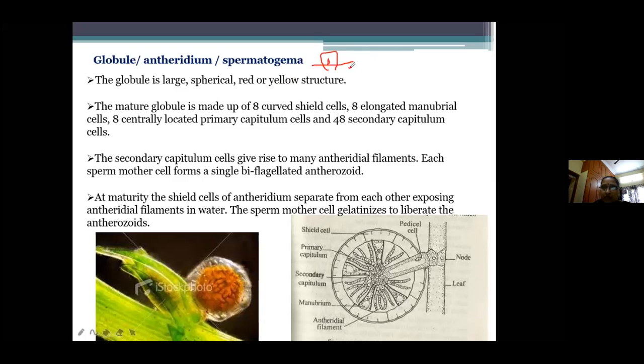This part is called the basal cell, and this part is called the upper cell. The initial cell divides transversely to form two cells, a basal cell and an upper cell.